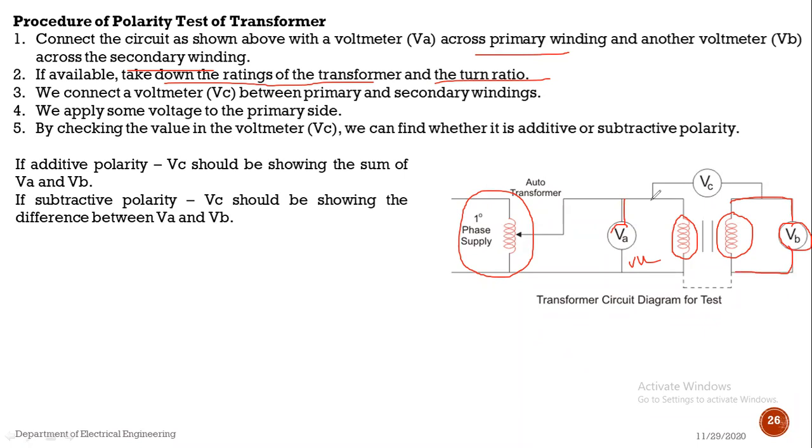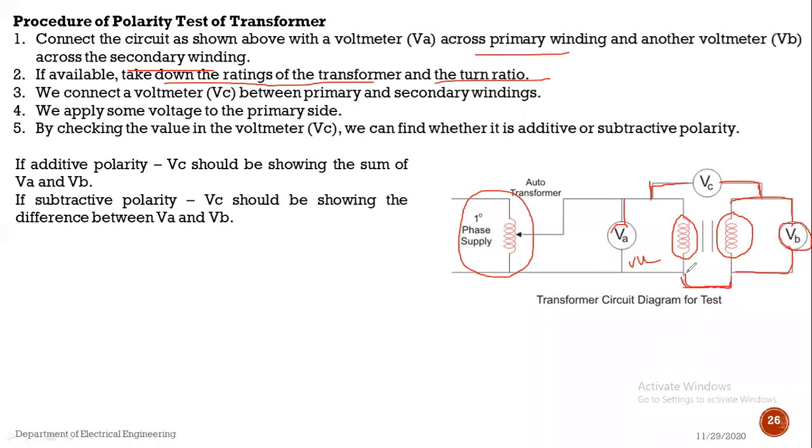Now one terminal of the primary winding and one terminal of the secondary winding, in between that there is a VC, it can be connected. That is another voltmeter connected in between one terminal of the primary winding and one terminal of the secondary winding. Another two terminals are directly connected here. दोन्ही जे terminal आहेत directly काय केले?